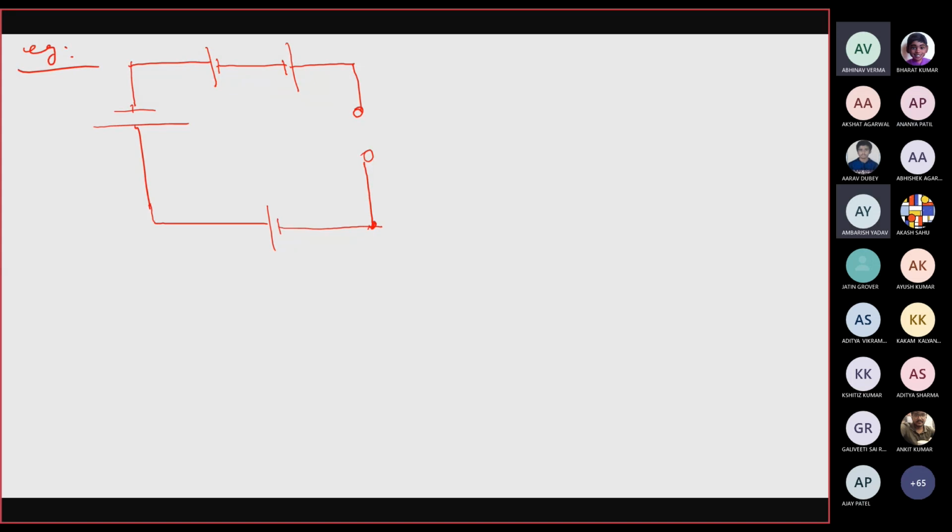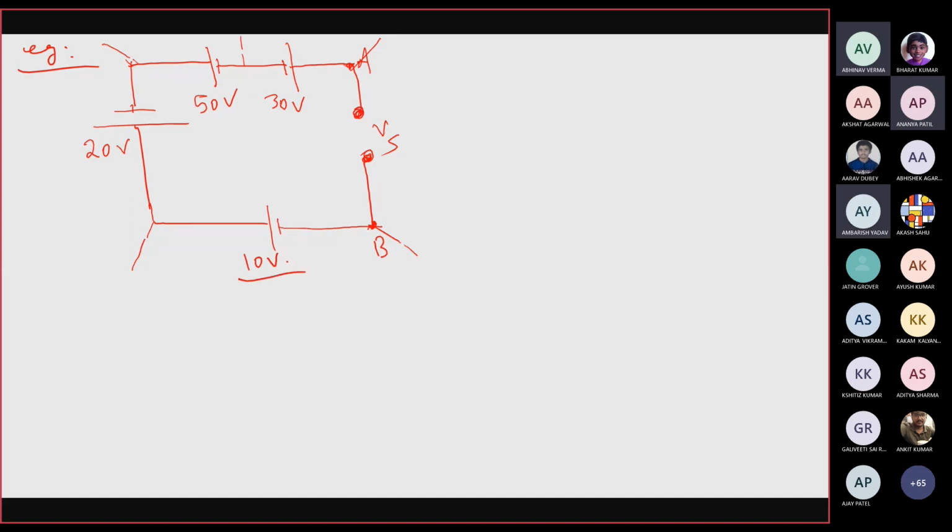Suppose this is point A, this is point B. Suppose there are different sections also in this circuit. This is a part of any larger electrical network. Suppose Vs is the voltage across this open circuit terminal A and B. If the magnitudes of the different sources are 20 volt, then this is 50 volt, this is 30 volt, this is 10 volt.